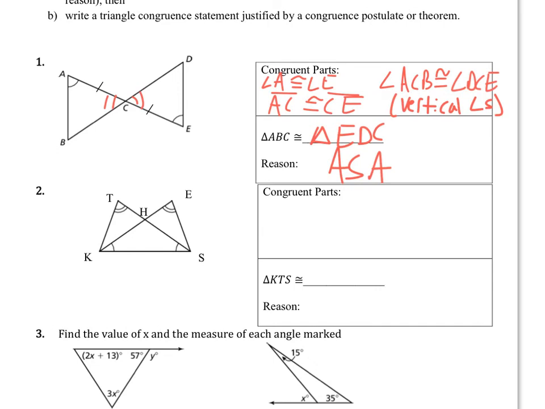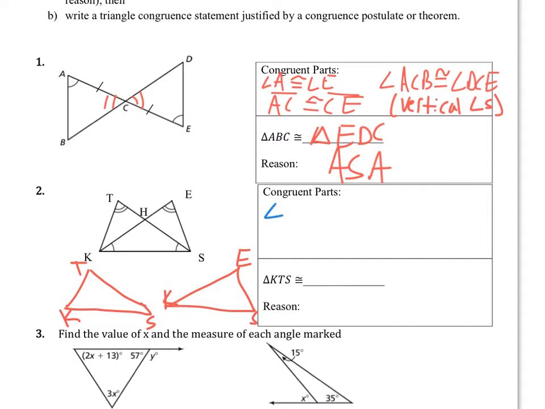Now we got some overlapping triangles here. If it helps with these overlapping triangles, draw them separate. We've got this triangle here, and then we've got another one here. This one is T, S and K, and this other one is E, S and K. All right, and so things that are given, let's start with that.